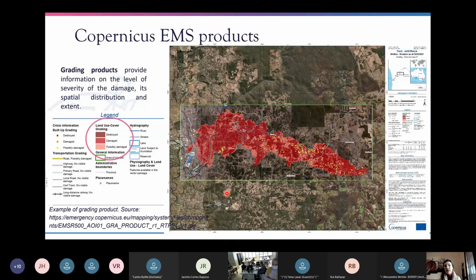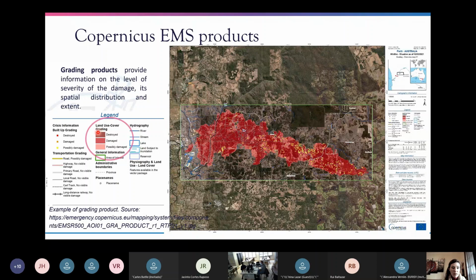Where the spectral response is intermediate between dead vegetation and healthy vegetation, and we can say it's destroyed where the level of damage is higher, the spectral response of the vegetation is lower. So the vegetation is not responding.